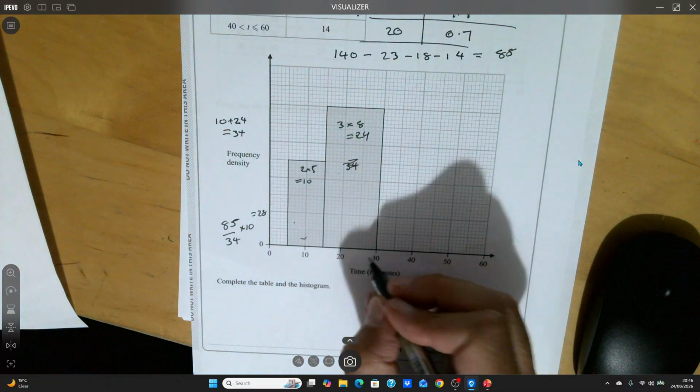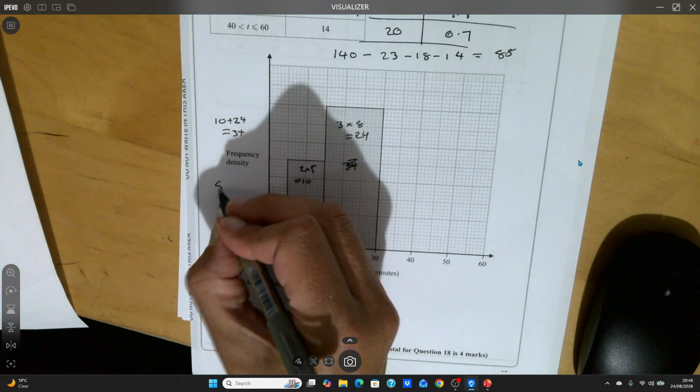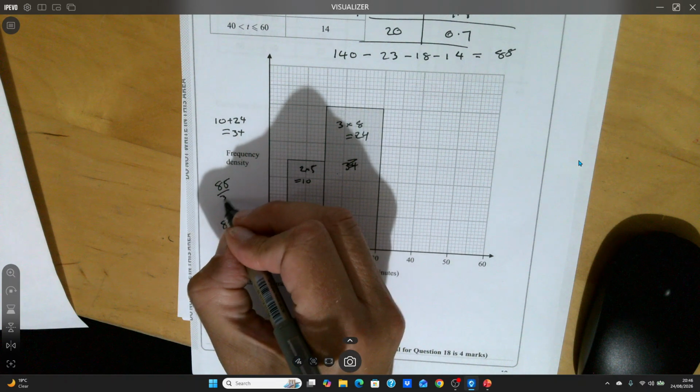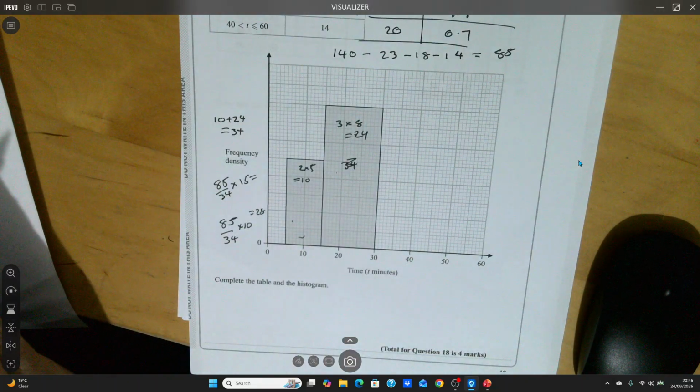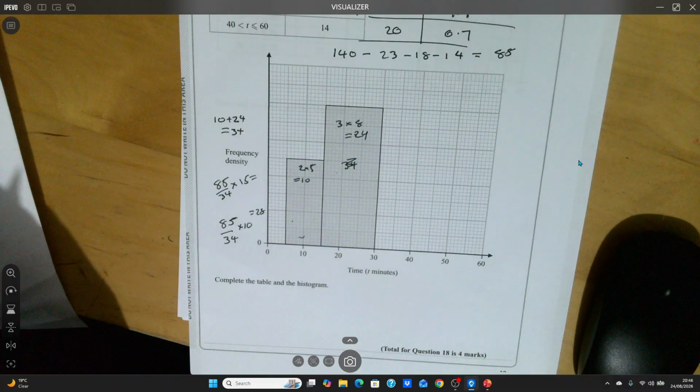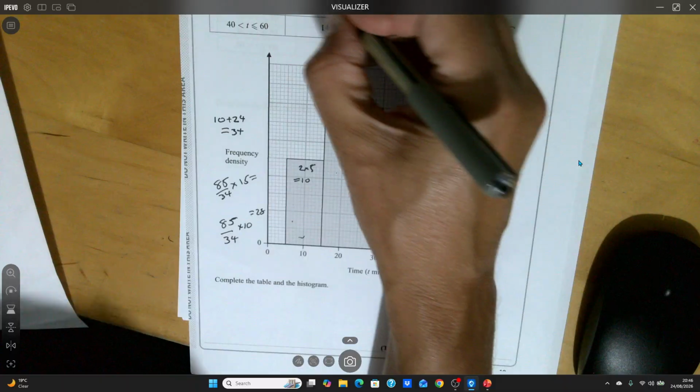This one, 85 divided by 34 times by the 24, not the 15. It's 24 squares. Gives me 60.